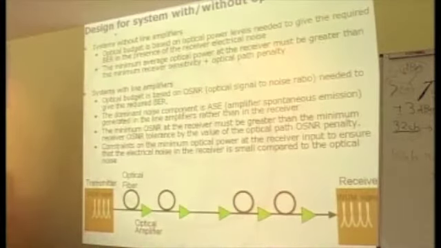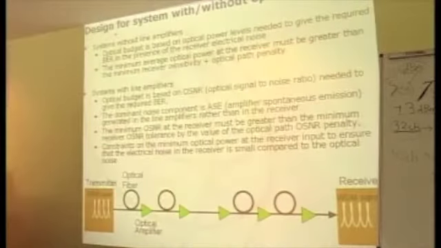In this figure, a system without line amplifiers means that transmitter and receiver are connected by only one fiber, with no amplifier. In this case, the dominant noise source is receiver noise. So there is no amplifier noise, but receiver noise is problematic.